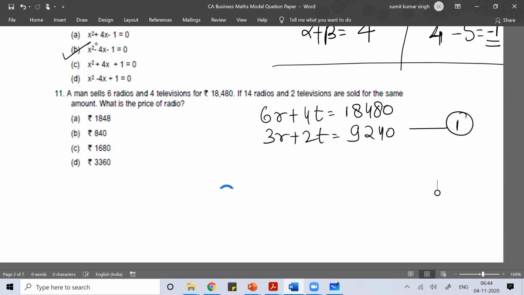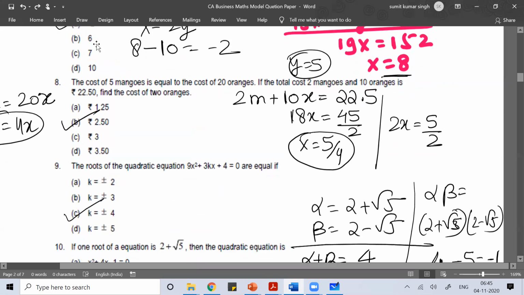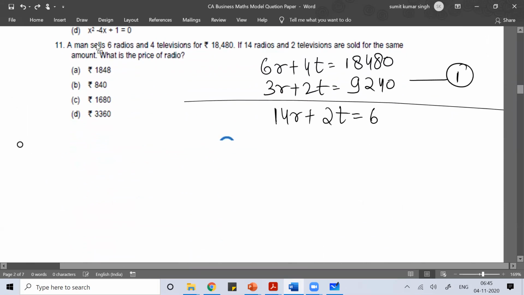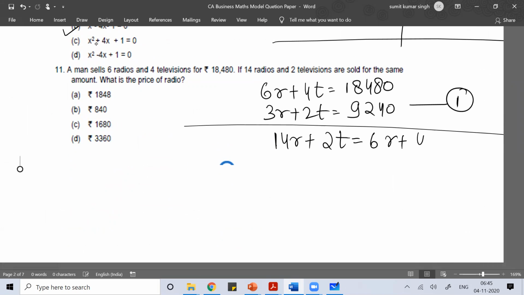If 14 radios and 2 televisions are sold for the same amount, the same as 6 radios and 4 televisions, you'll get 8R is equal to 2T, means T is equal to 4R.